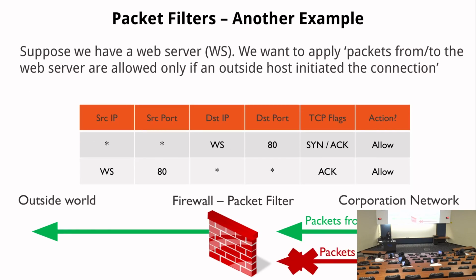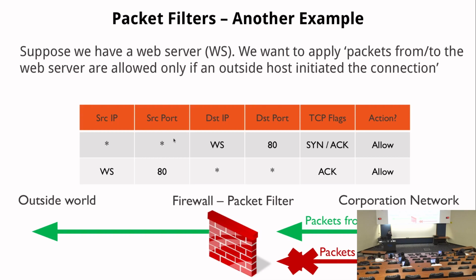So using a similar approach to what we talked about just now, we can add more fields to the policy. So the policy can look like this. The first rule is that the source IP and the source port can be anything, okay?